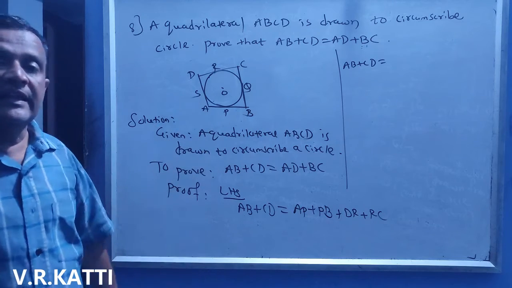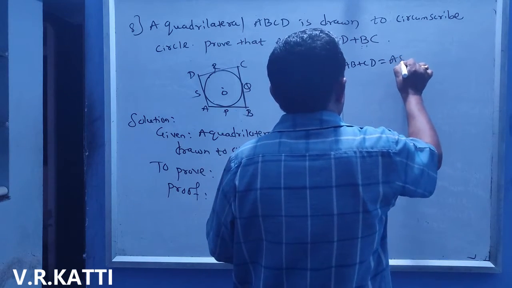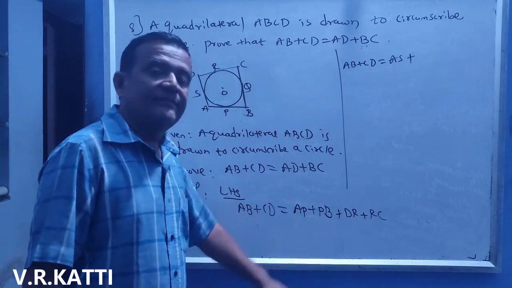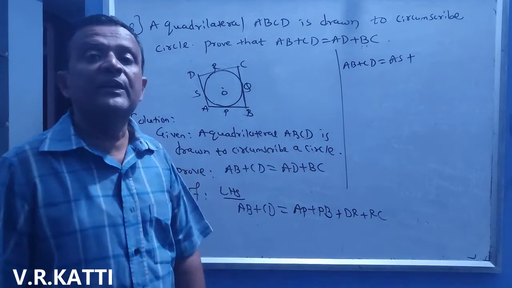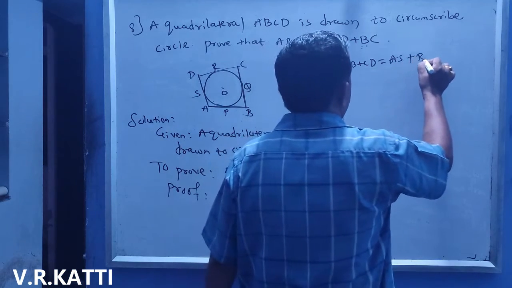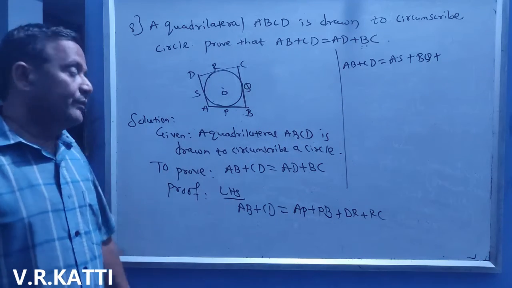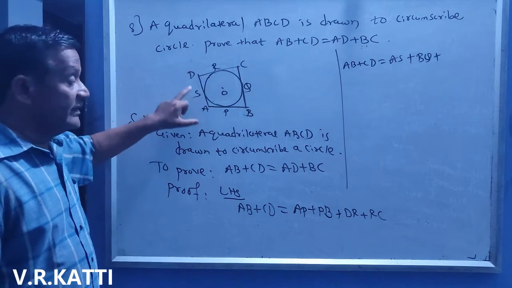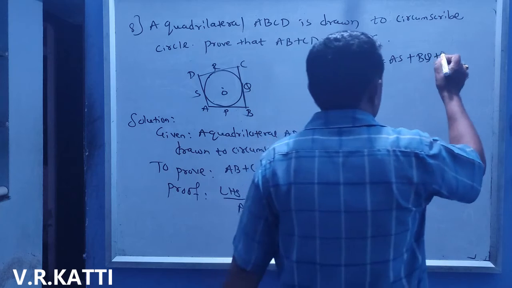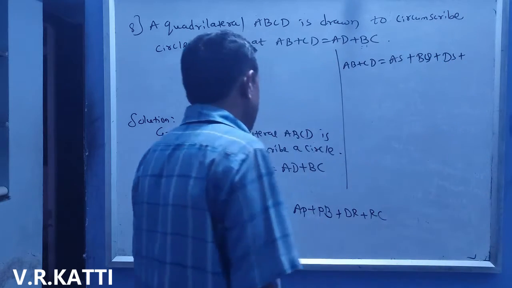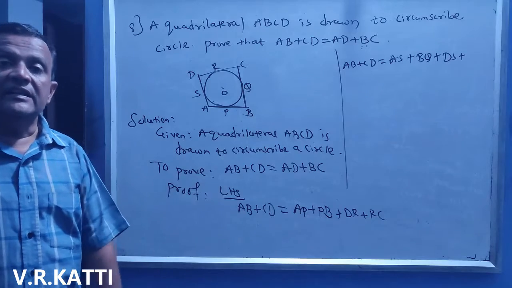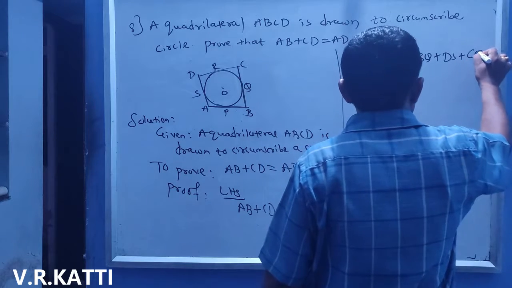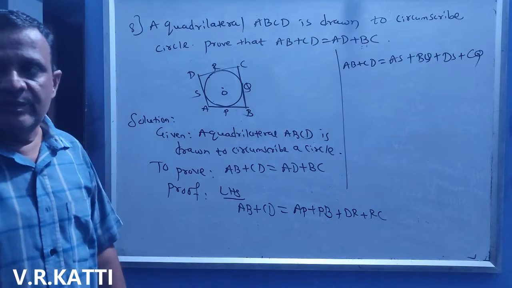So in place of AP, AS. PB equals BQ, so in place of PB, BQ. In place of DR, DS. In place of RC, CQ.